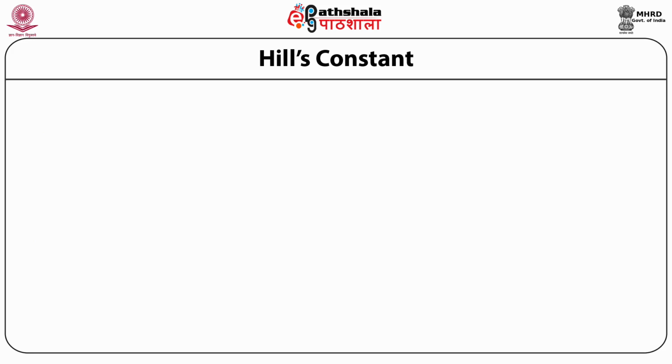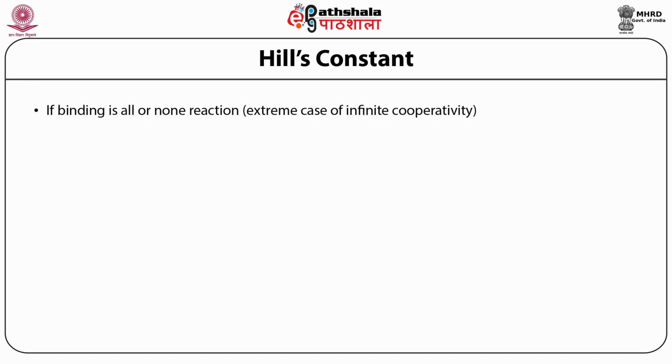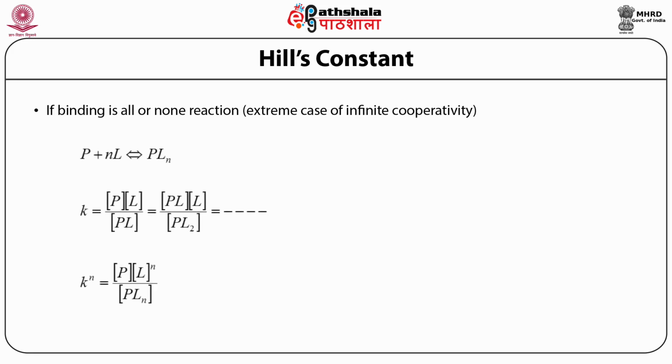The equation which describes the all-or-none binding reaction can be expressed in one single equation, P plus nL going to PLn. In that case, Kn will be given by P times L to the n divided by PLn, and the fraction of bound protein can be calculated using nu is equal to n times PLn divided by P in free form plus P in bound form.